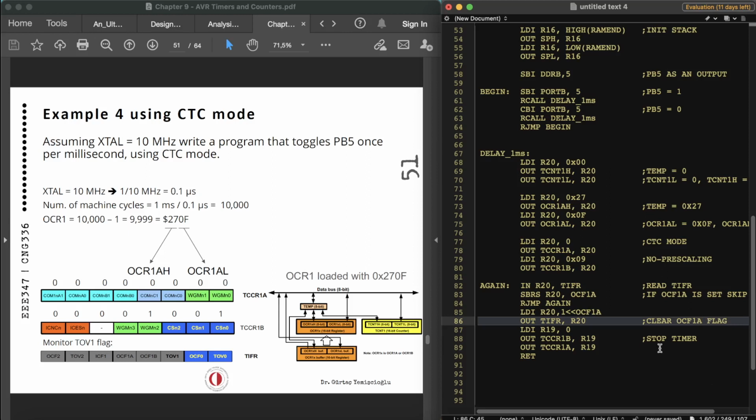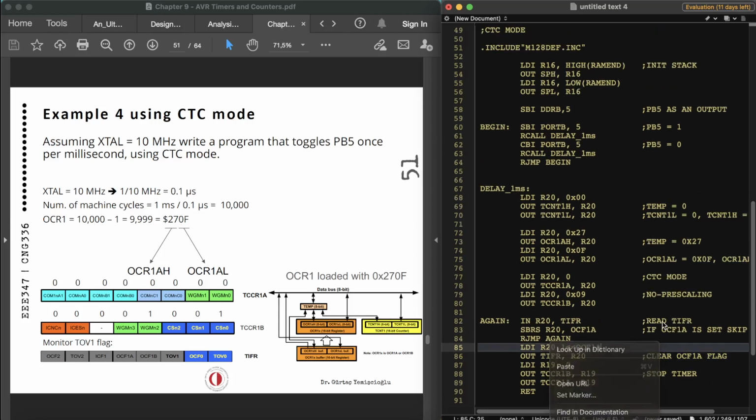And we have to stop the timer. So CTC mode, everything is related with the OCR and OCF, so we have to find the OCR value, which is 0 to 9999. We have to set those values. TCNT has to be 0, counting up from that point to 9999.